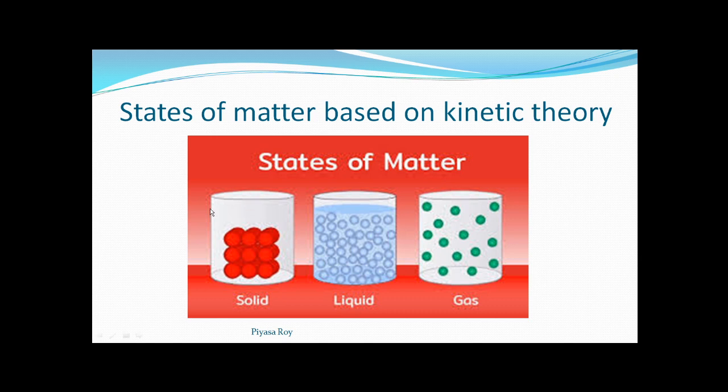And because of this, the shape of the liquid depends on the container where it is kept. In whichever container we keep the liquid, it will take the shape of that container.